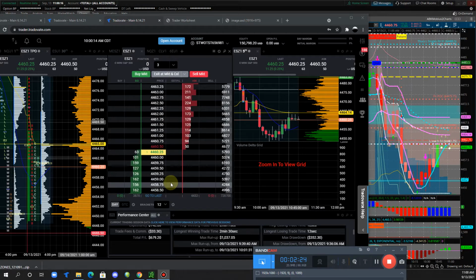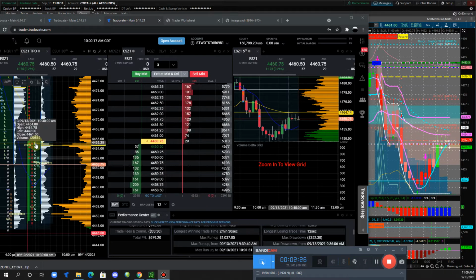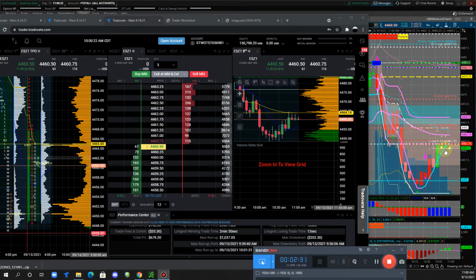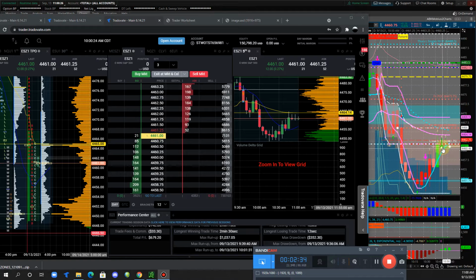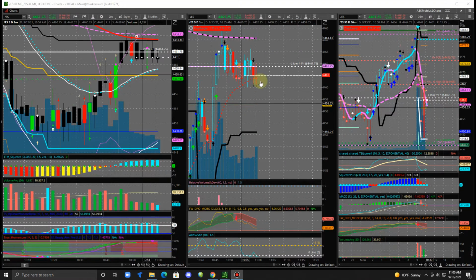The only other option to get short on this, for me at least, is to take this ATR break. This is a good break here. So I have to just gauge it.